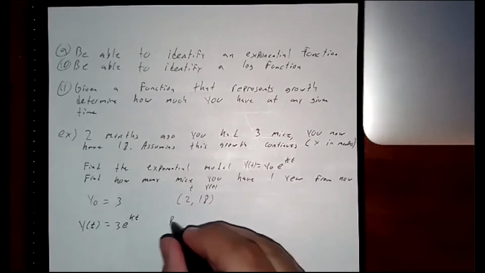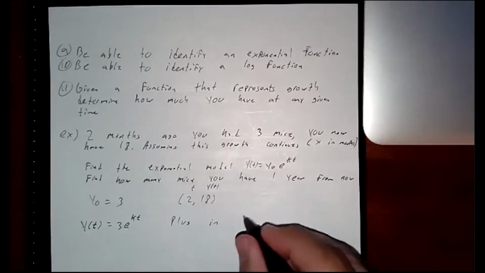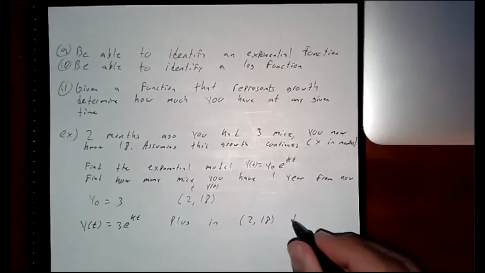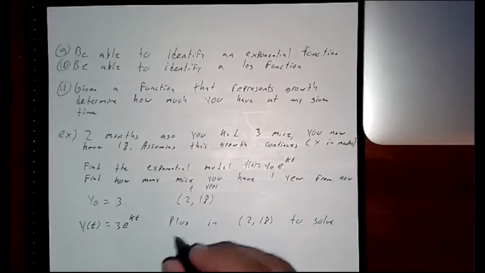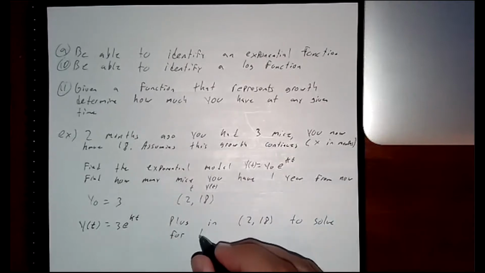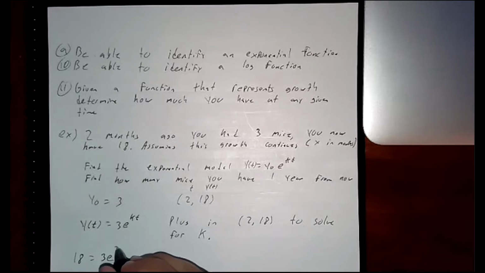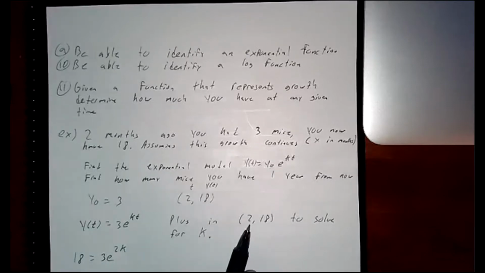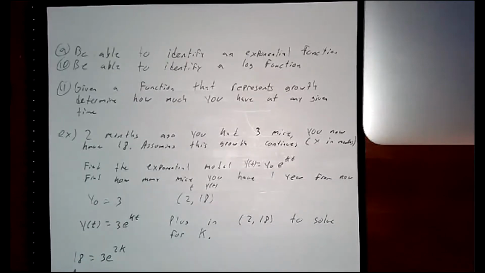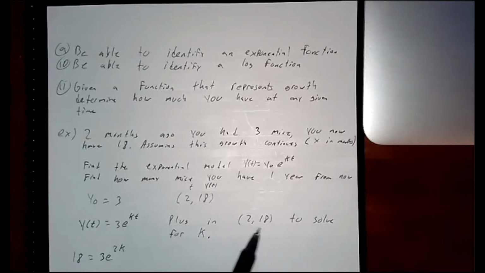So plug in 2, 18 to solve for k. So 18 equals 3e to the 2k. So I plugged in 2 for the t, and set equal to 18, right? That's what this point means.